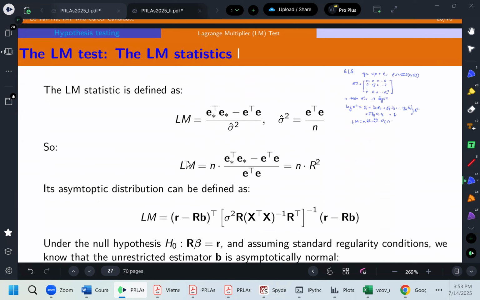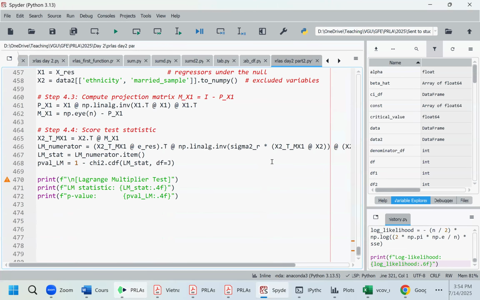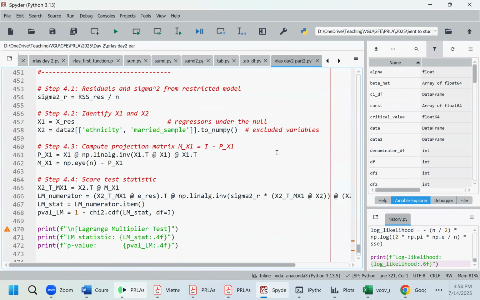The LM is computed using this formula, and if you implement this into Python, you will get the answer. So basically what you need to do now is eyeball through the LM and the LR and connect them with the mathematics. But there is not a lot more than that that I can say.